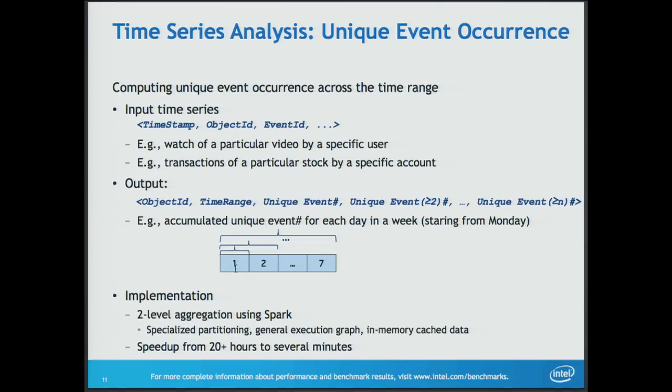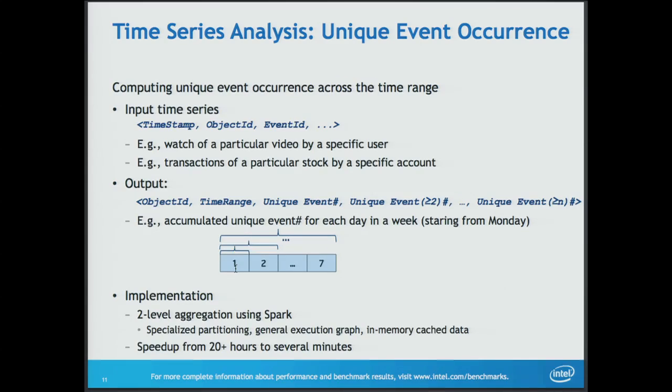What we have implemented is actually a simple two-level aggregation implemented in Spark. The unique thing about it is that it leverages several properties in Spark which make it more efficient, including how you implement a specialized partitioning, how you utilize the general execution graph in Spark to do the two-level aggregation, how you cache the data in memory, and so on.